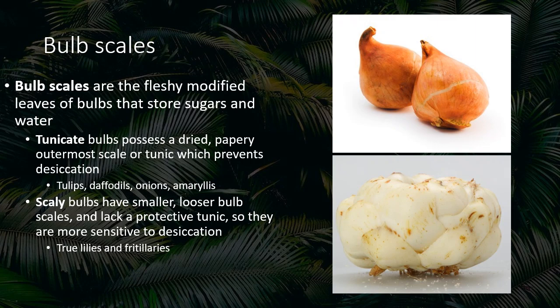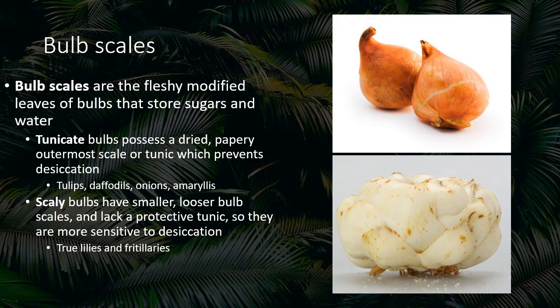Tunicate bulbs actually allow their outermost scale to dry out, and that produces this papery tunic that's kind of waxy, and that keeps the bulb from drying out. So if you've ever had to peel the papery layers off of an onion, you are removing a dried out tunic, which is just an outermost bulb scale, which has been allowed to dry to basically saran wrap that bulb and keep moisture in.